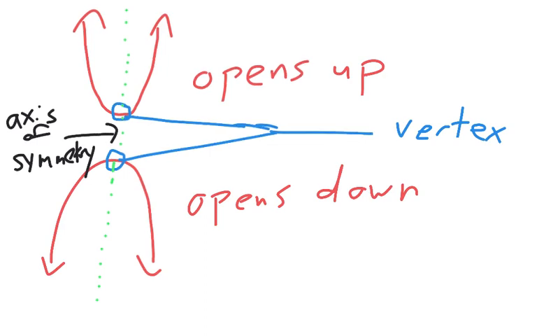Now, a couple of things I want to add here that I didn't think of in the last class. The vertex is just some point. It's going to be the lowest value or the highest value. So we call that point h, k. H is the x value, k is the y value of the vertex. In our previous example, the vertex was 0, 0.